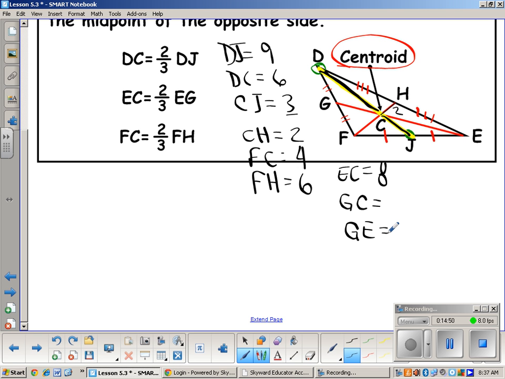The G to C is 4, and the total distance is 12. So we're saying if the 2/3 was 8, then we split that in half, 1/3 would be 4, right? And so GC is 4, and then GE would be the total, which is 12.